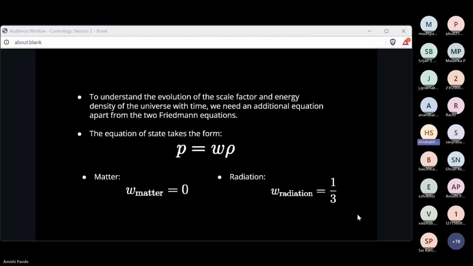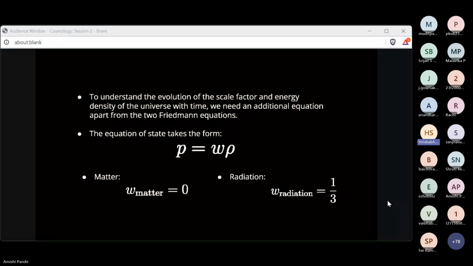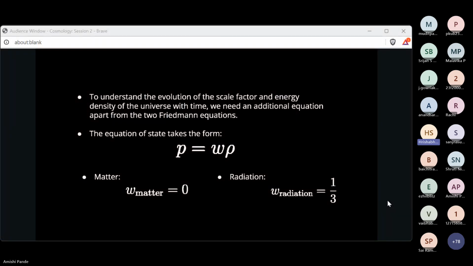And when I say equation of state, I define a new term here, which becomes very important as we move ahead, called the equation of state parameter W. For the ideal gas law, if you manipulate things, you will see some constants appearing in this relation. That constant can be called W, the equation of state parameter.